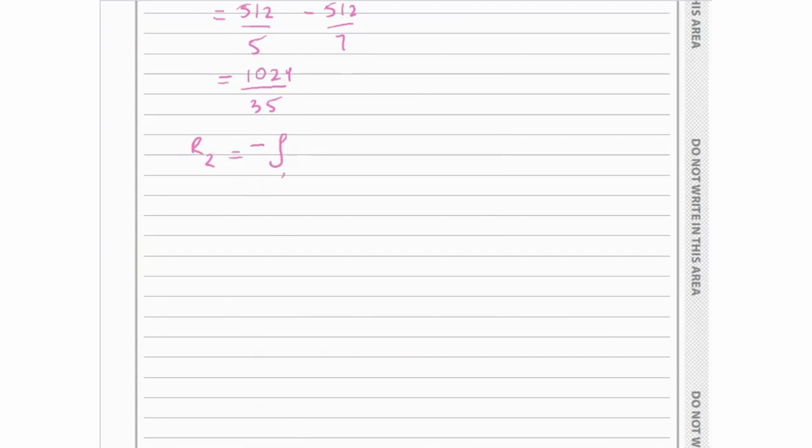minus integral from 4 to k. Lower limit is 4 and upper limit is k. And this is 8x to the power of 3 over 2 minus 2x to the power of 5 over 2 dx. We know the integral is the same, which is 16 over 5 x to the power of 5 over 2 minus 4 over 7 times x to the power of 7 over 2 from 4 to k with negative sign outside.